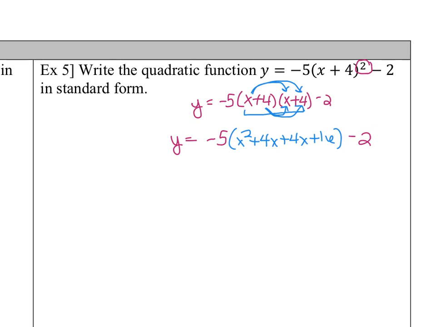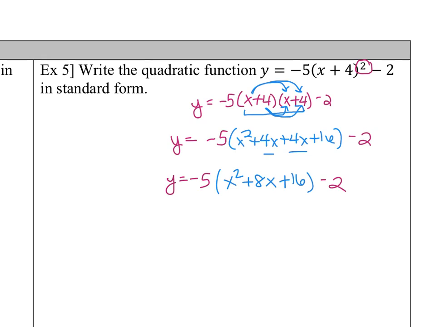So I can't mess with this minus 2 just yet. I have to finish multiplying first. But before we do that, let's first combine some like terms to make a little bit smaller multiplication. So we're going to have y equals negative 5 times (x squared plus 4x plus 4x, which makes 8x, plus 16), and then minus 2 on the outside.